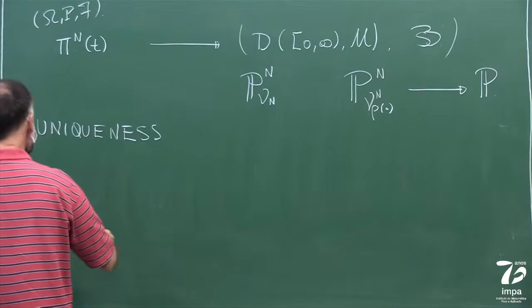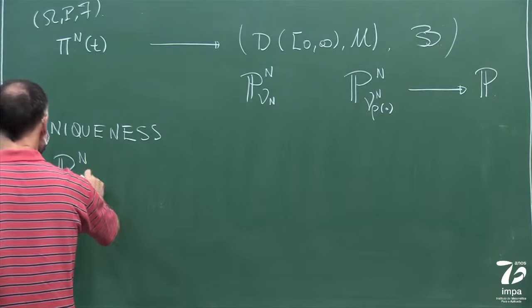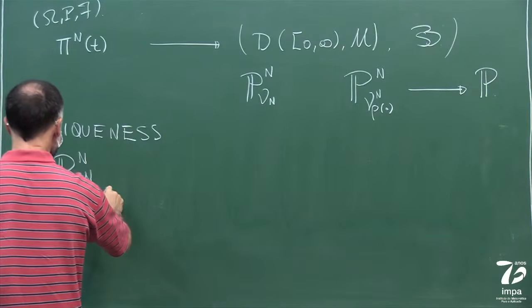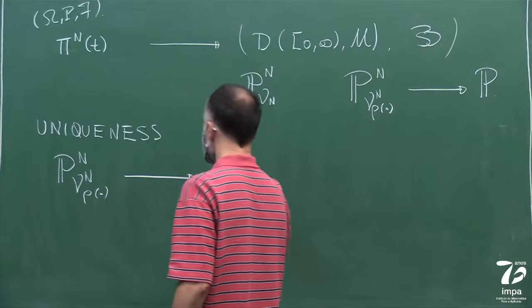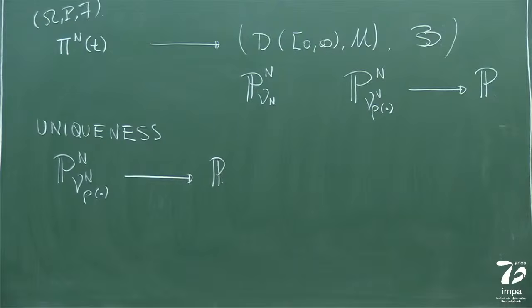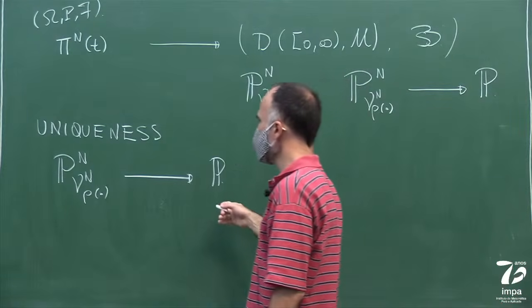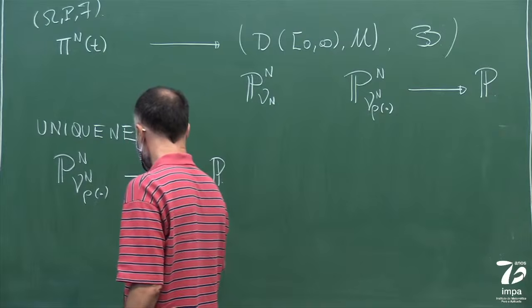Which means that I'm assuming that pi n converges to some pi. And I want to show that, well, then pi has to be something. And in order to prove that, I will need to introduce martingales.